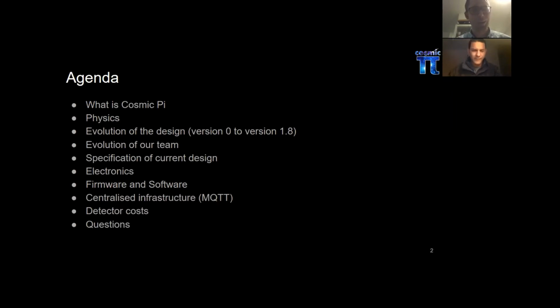A little bit on the performance of our current design, the electronic circuits that we use, which is really the beating heart of the detector. A very short overview on the firmware, which makes it go, and the higher level software, which runs on the Raspberry Pi. That is what most people see when they log into a Cosmic Pi.